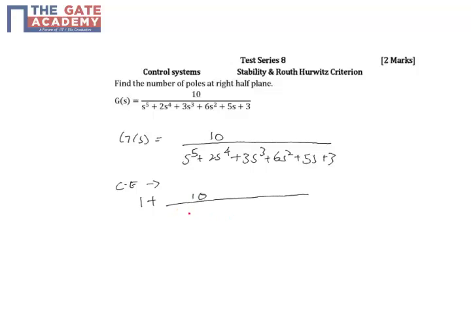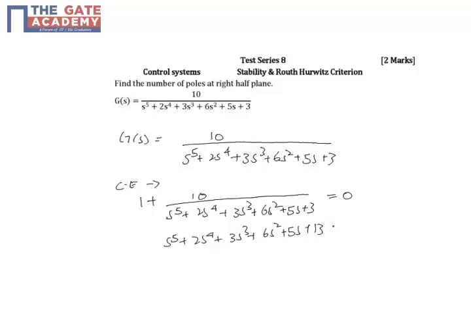So it becomes 1 + G = 0, which gives s^5 + 2s^4 + 3s^3 + 6s^2 + 5s + 13 = 0.